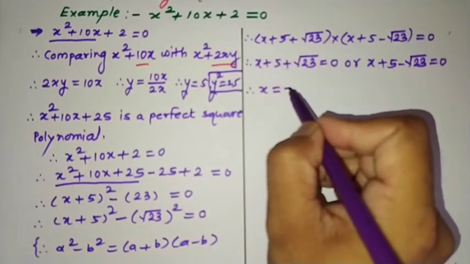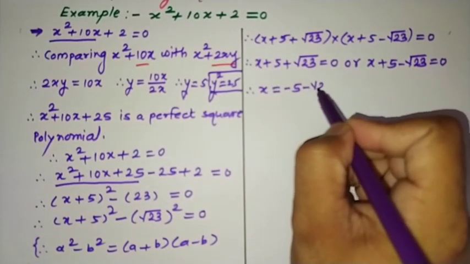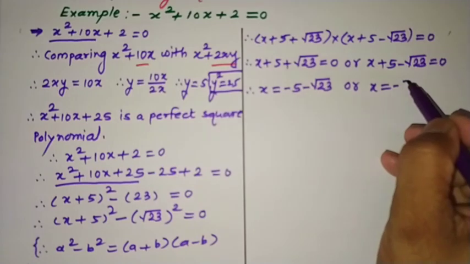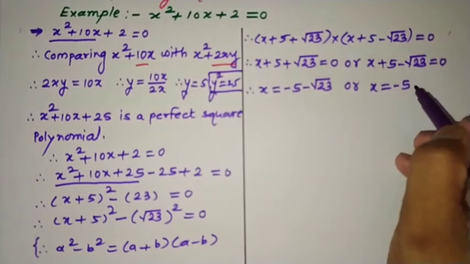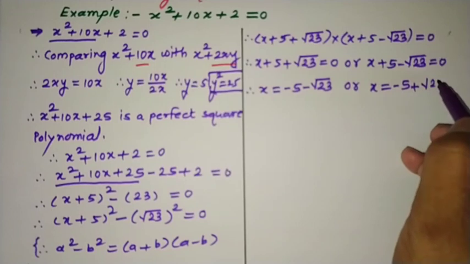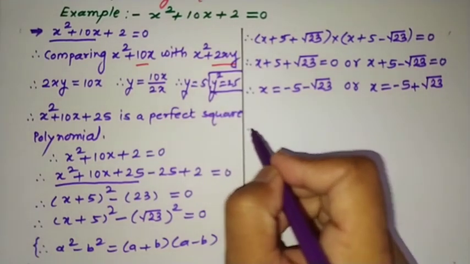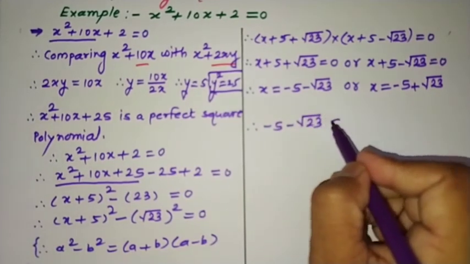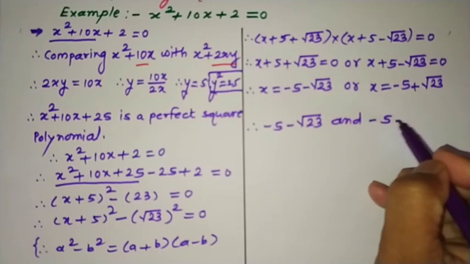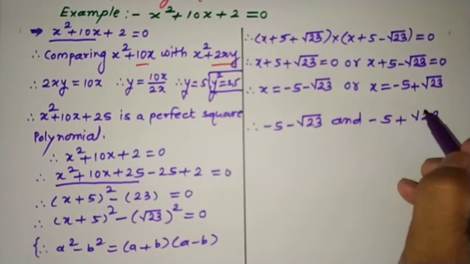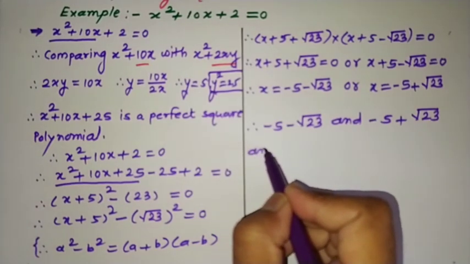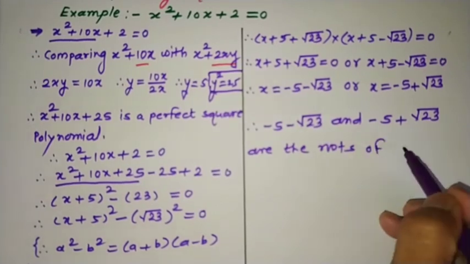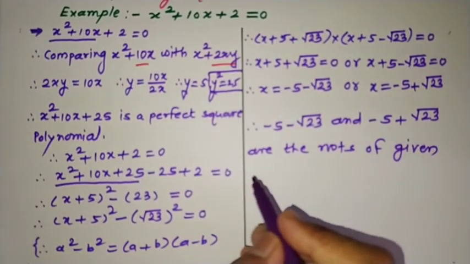X is equal to minus 5 minus root 23, or x is equal to minus 5 plus root 23. Therefore minus 5 minus root 23 and minus 5 plus root 23 are the roots of the given quadratic equation.